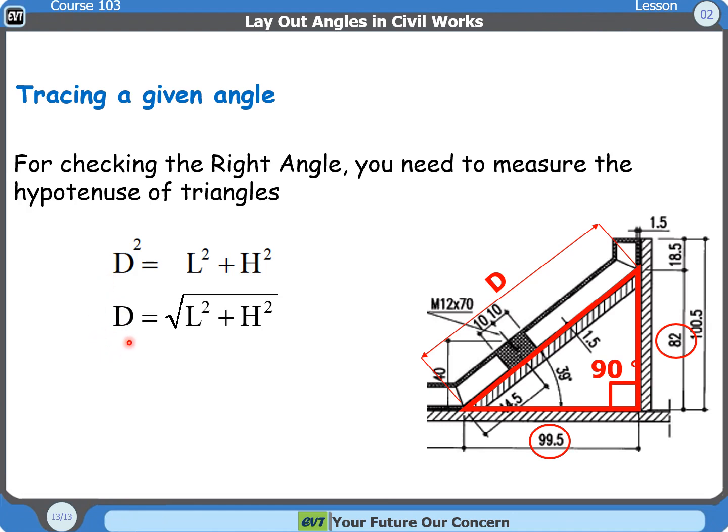We need to find the side D. In this case, D equals the square root of L squared plus H squared as per the formula. Application: D equals the square root of 99.5 squared plus 82 squared. The result, D equals 128.9 meters. This is the distance.